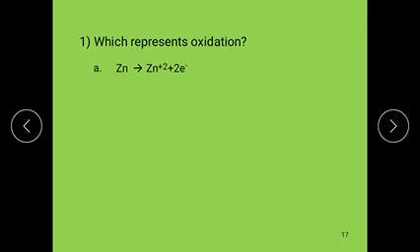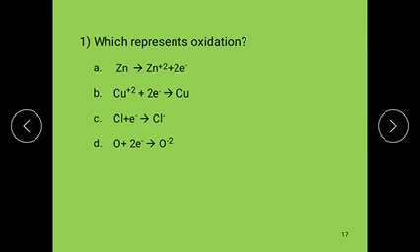A, zinc gives zinc 2 plus plus 2 electrons; B, copper 2 plus plus 2 electrons gives copper; C, chlorine plus 1 electron gives Cl minus; D, oxygen plus 2 electrons gives O 2 minus. The right answer is the process according to the oxidation rule: the process of losing electrons from an atom is called oxidation. The first one is the right answer.